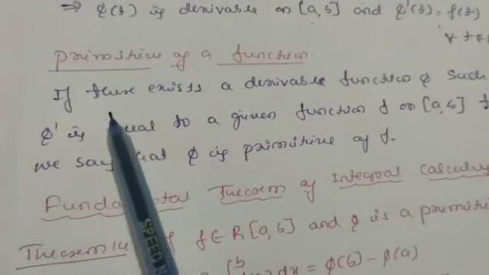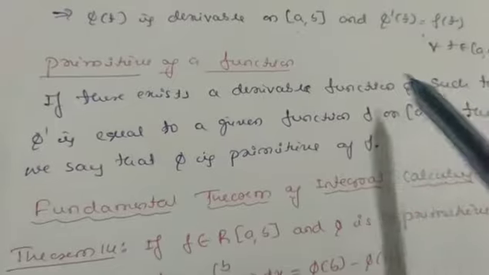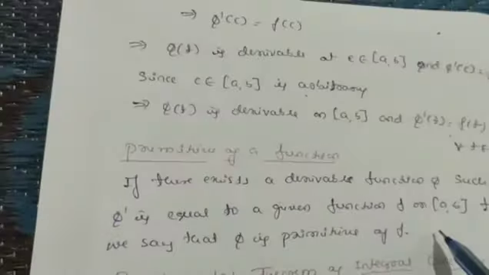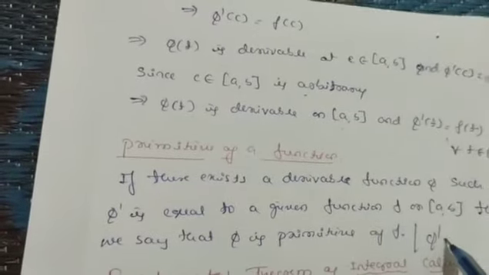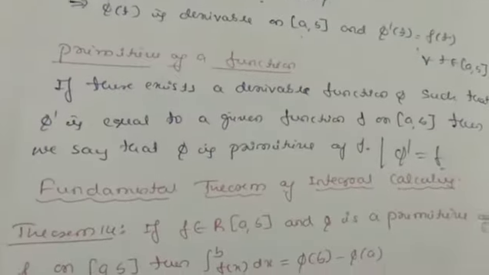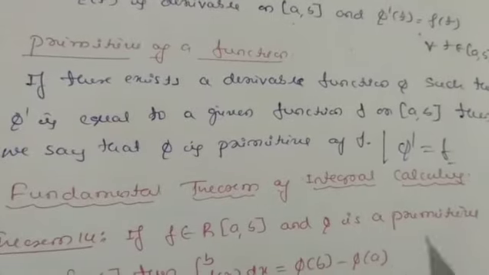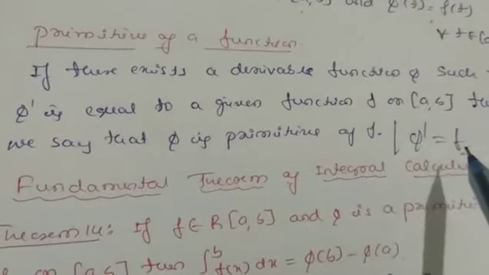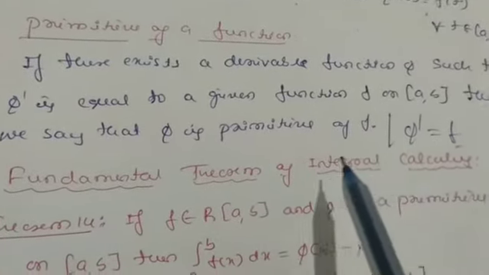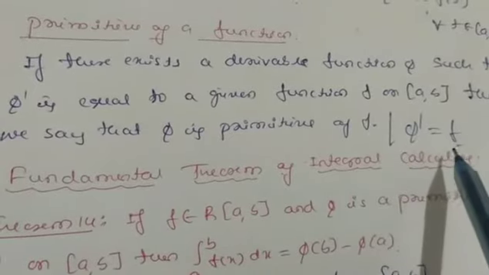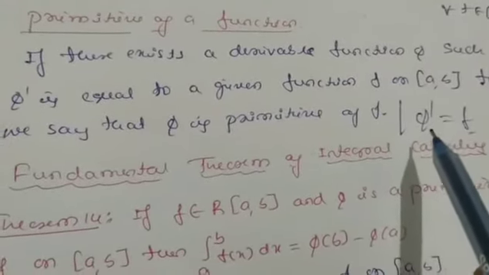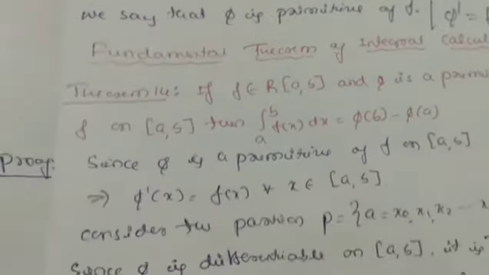So if phi dash is equal to f, then phi is called a primitive of f. It is nothing but integration. Integration of f is phi, since phi dash is equal to f. Means if integrating on both sides, integration of f of x is nothing but phi. So that is primitive of f.